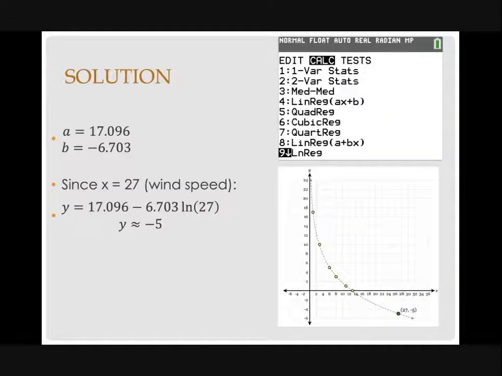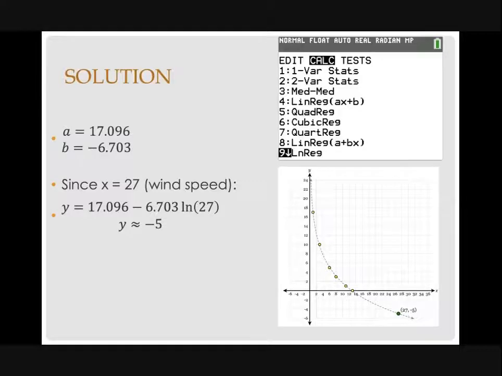So here, this is important. You need to look for the one that uses a natural log. We're not using our common log, but natural log. So we're going to use ln. Now there's another option under this menu. If you continued on, it says logistic. I know it starts off with log, but that is not what you want.